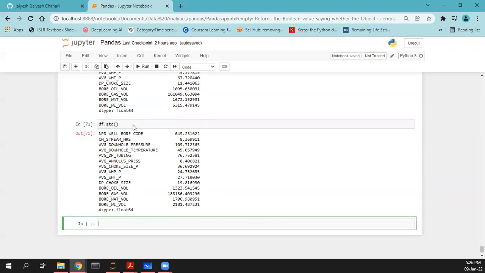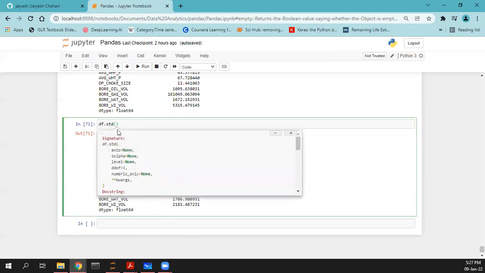If you search the formula for standard deviation, it is nothing but subtracting each point from its mean and dividing by n, the total number of points. I will show you later, once we are off from this Jupyter notebook, the formula and all those things for standard deviation so that you can get a basic intuition behind what standard deviation is. So by using this df.std, we can know about the standard deviation.